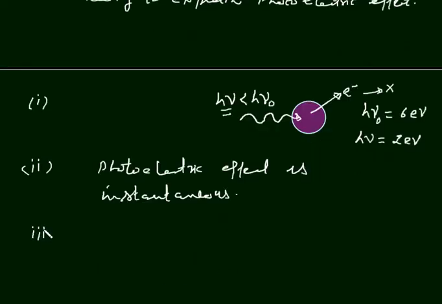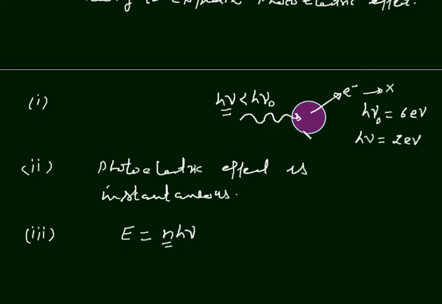And the third reason for failure of classical theory is, classical theory says that if more number of photons are incident, I mean E is equal to N h nu, N is the number of photons. If high energy is incident, it means more number of photons; high energy here is not high frequency, it is more number of photons.